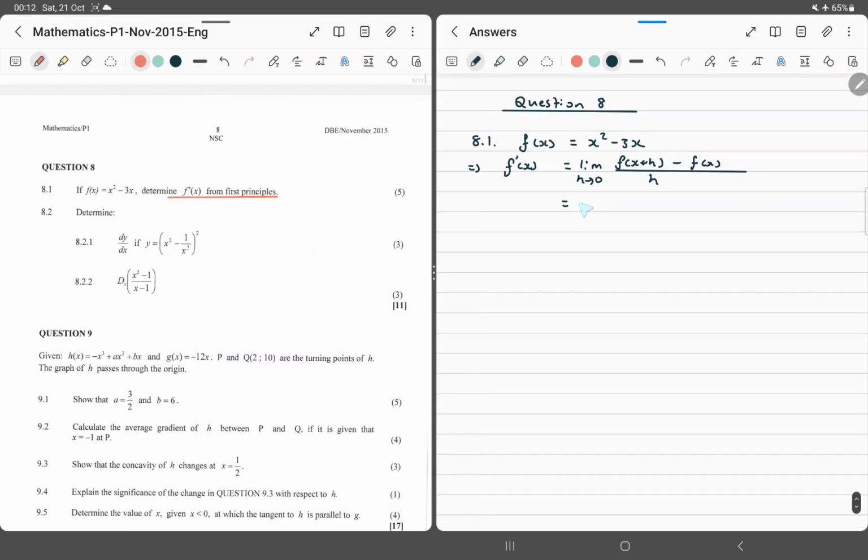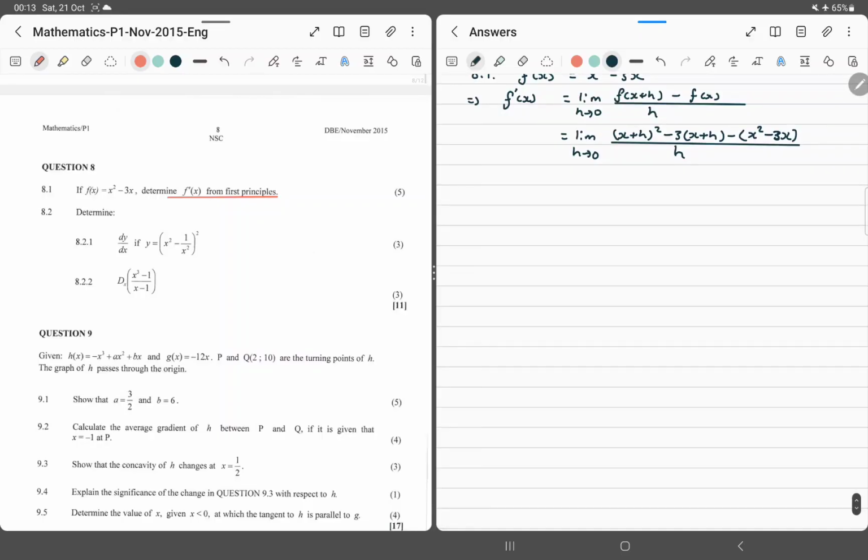So this is equal to the limit as h tends to 0. Now we substitute things. So when we see x, we put x plus h, and then we square that, minus 3 into x plus h, minus our f of x, which is x squared minus 3x, all over h. Okay, great.